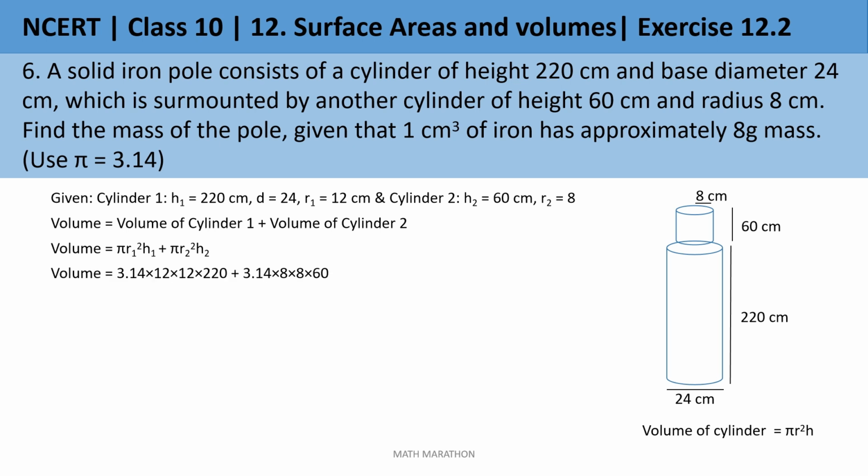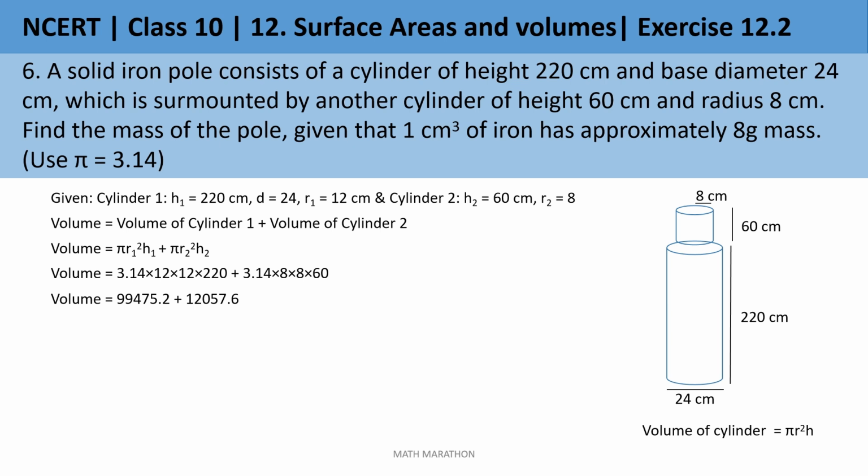Volume is equal to pi, which is 3.14, multiplied by R1 square, which is 12 square, multiplied by h1, which is 220, plus pi, which is 3.14, multiplied by R2 square, which is 8 square, multiplied by h2, which is 60.